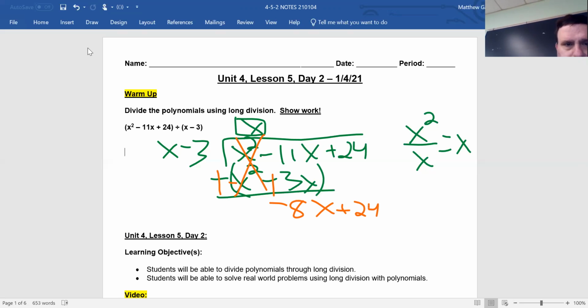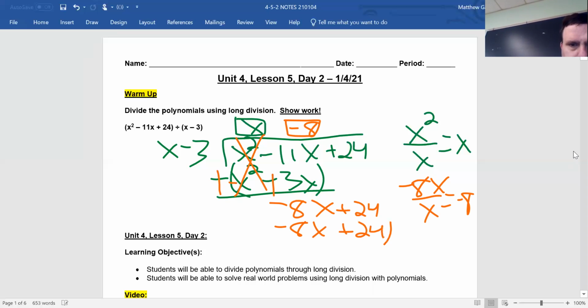And now we have to get rid of negative 8x. So negative 8x divided by x is minus 8. So in your second box, we're going to put a minus 8. And then distribute the negative 8 counterclockwise. That's negative 8 times x, which is negative 8x, and negative 8 times negative 3 is 24.